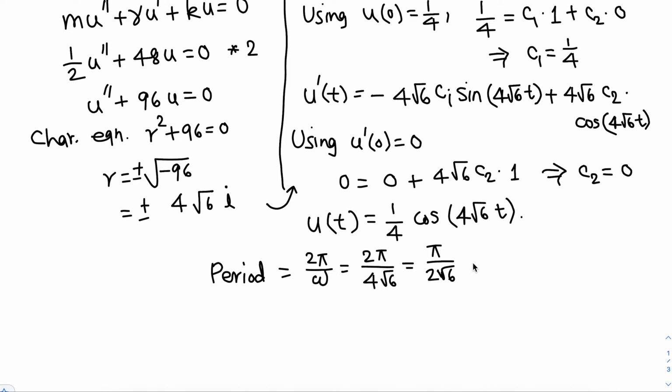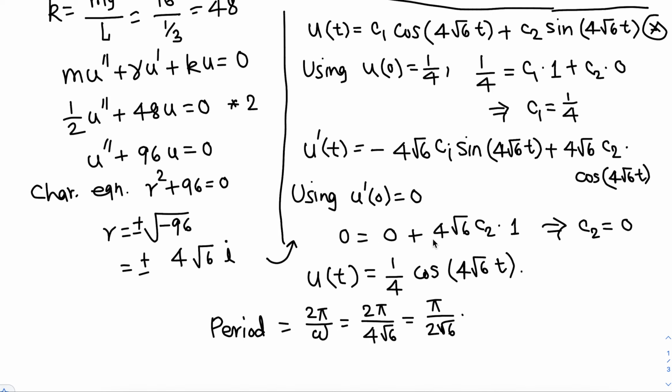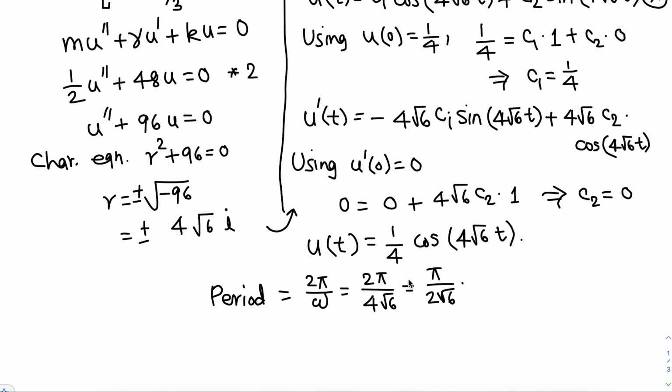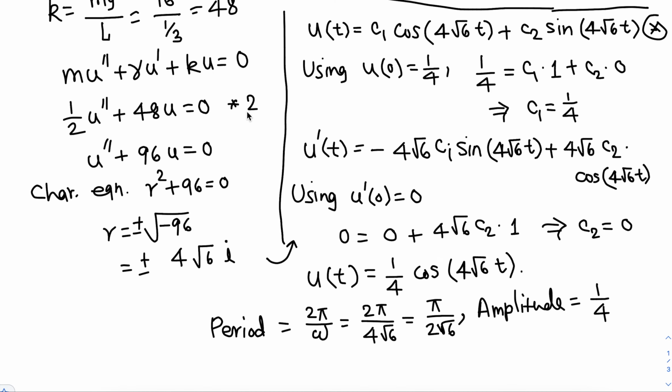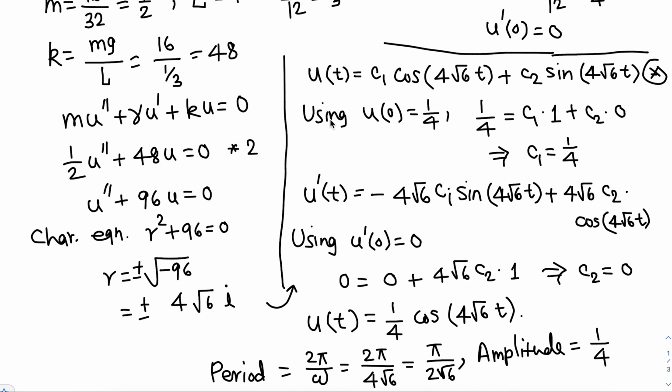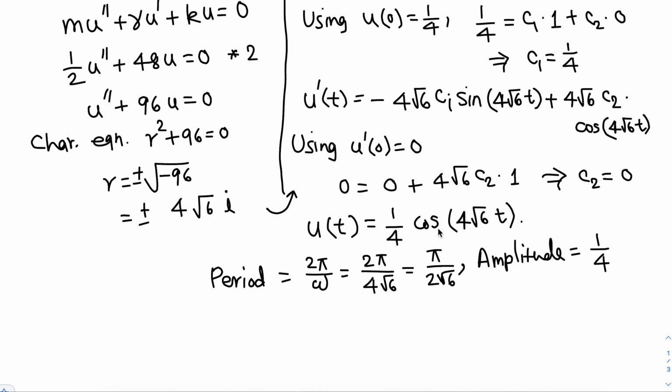That is the period. Then it asks for amplitude. This number in front of cosine, 1/4, that's the amplitude. What else? Phase of the motion. Since this is just cosine, there is no sine term, and no 4√6t minus some number, which would have been the phase of the motion, but there is nothing, so 0 in this case.